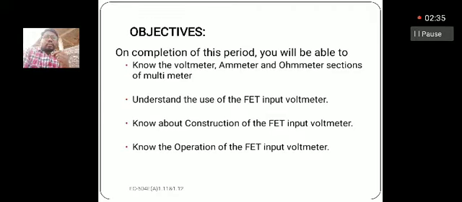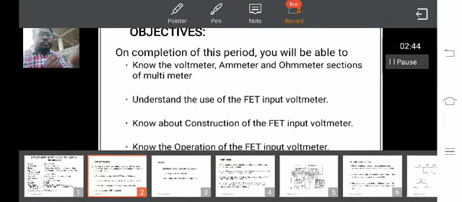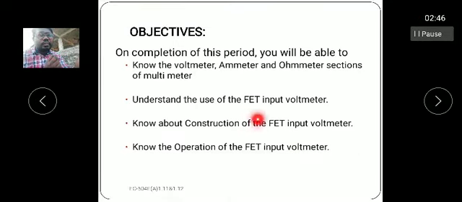Then we will understand the use of the FET input voltmeter, its construction, its operation, and the drift problem in the input voltmeter. These are the main objectives of this presentation.